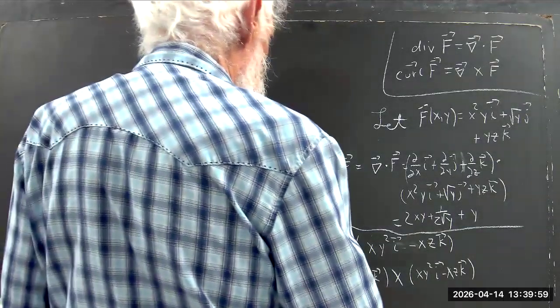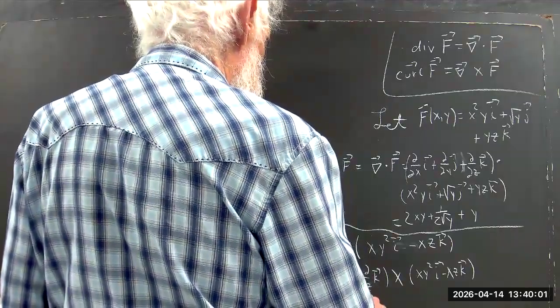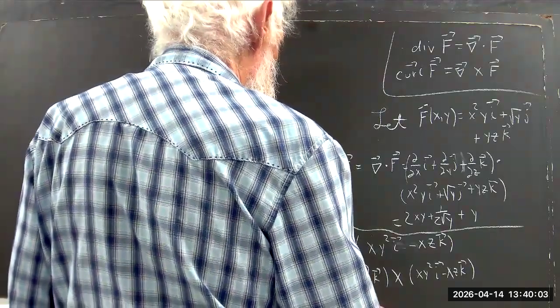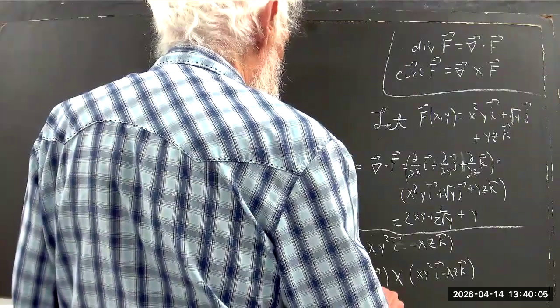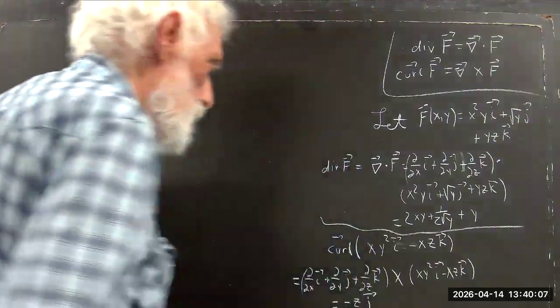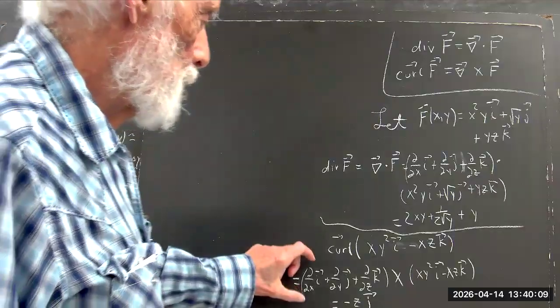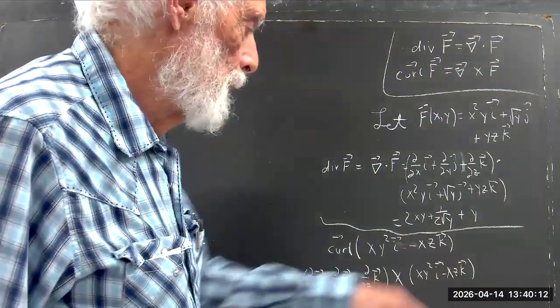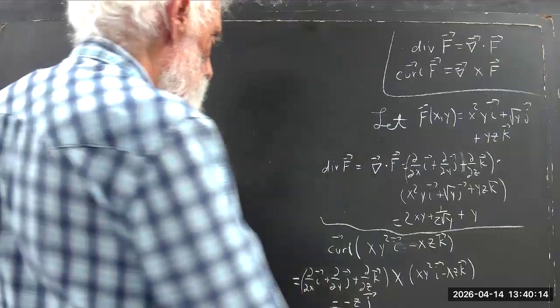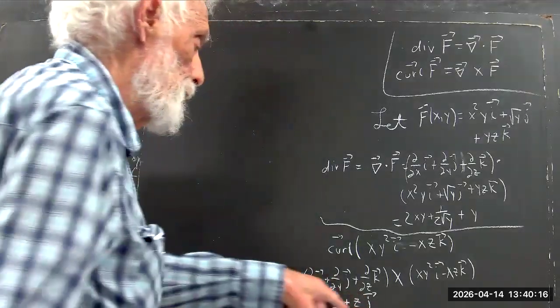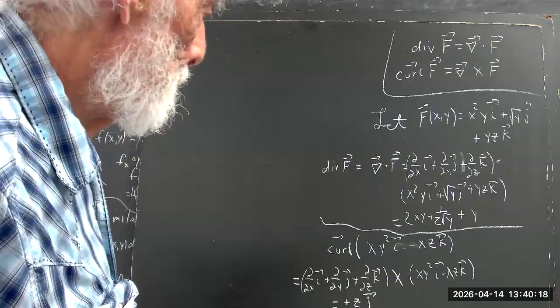So we're going to have negative zj, and partial with respect to x i crossed with negative xz k. It's negative xz k, so it'll be positive zj.